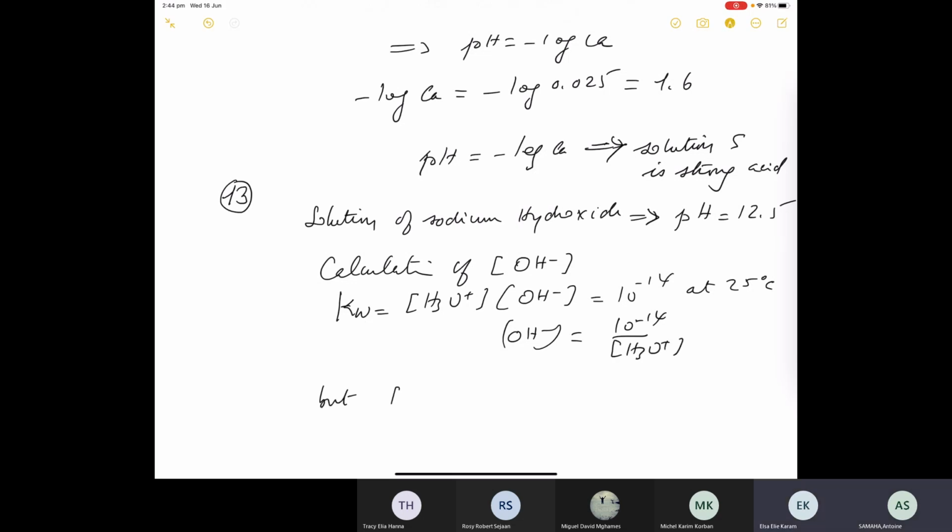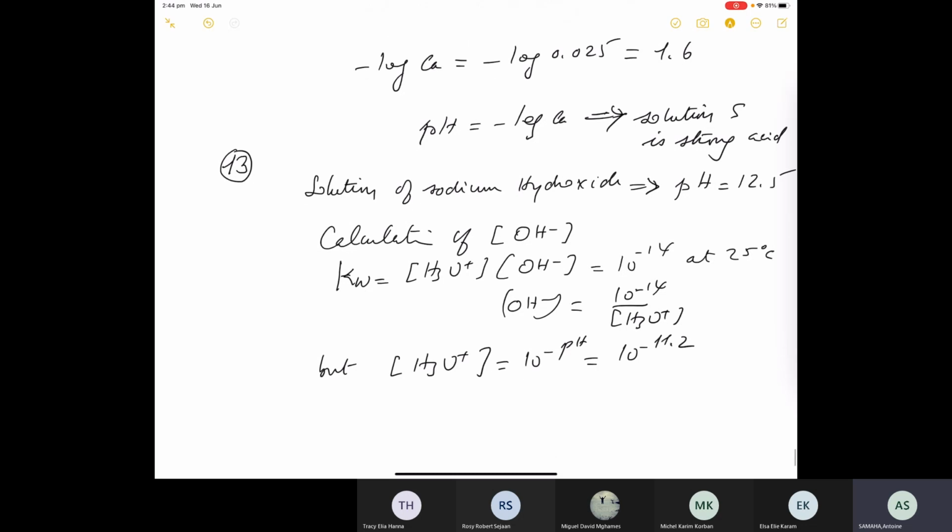But the concentration of H3O plus is equal to 10 negative pH.